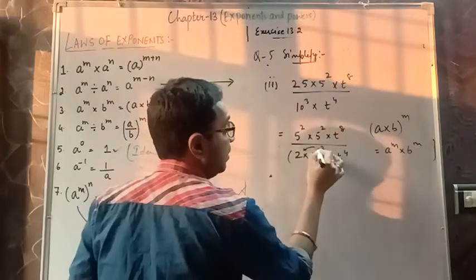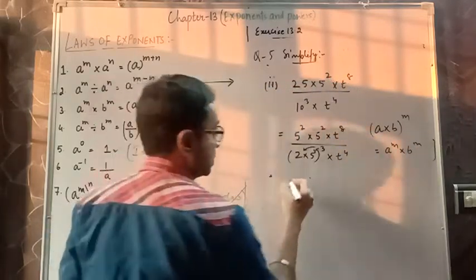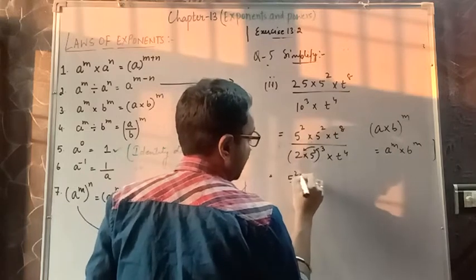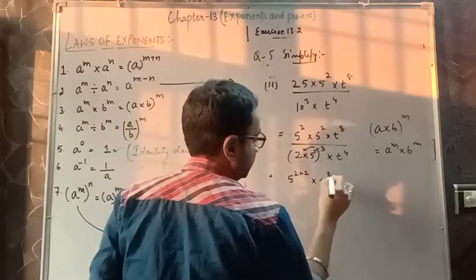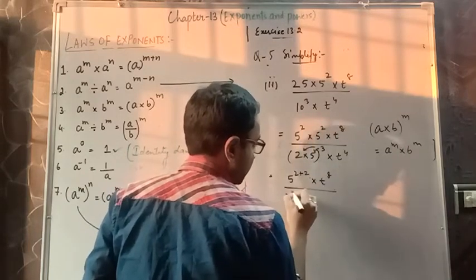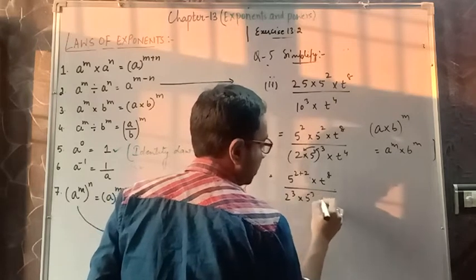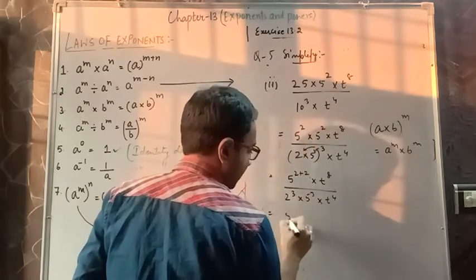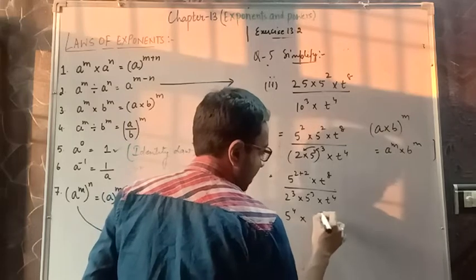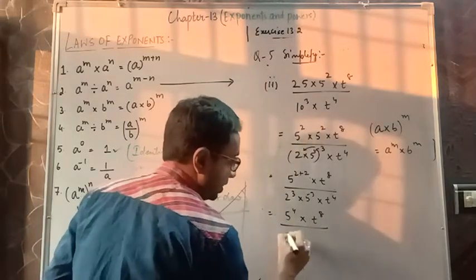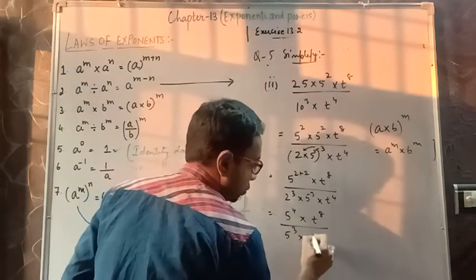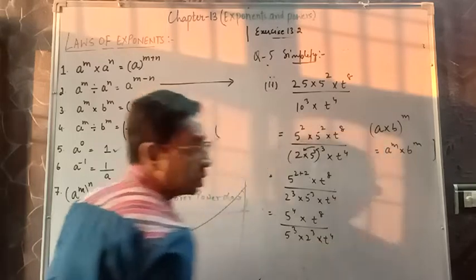Hence, we'll give the power to both the bases. So we get 5 raised to power 4, 2 raised to power 8, 5 raised to power 3 into 2 raised to power 3, 2 raised to power 4.